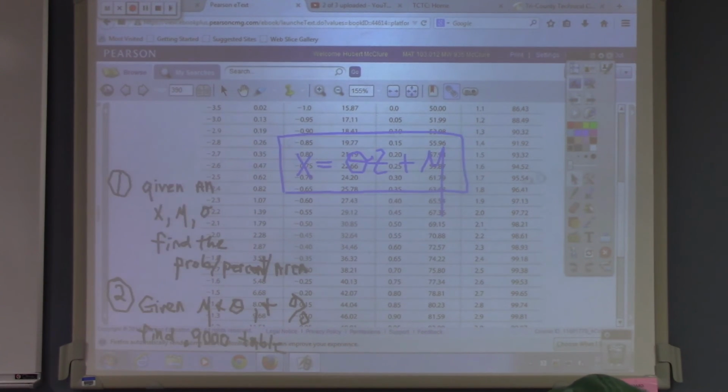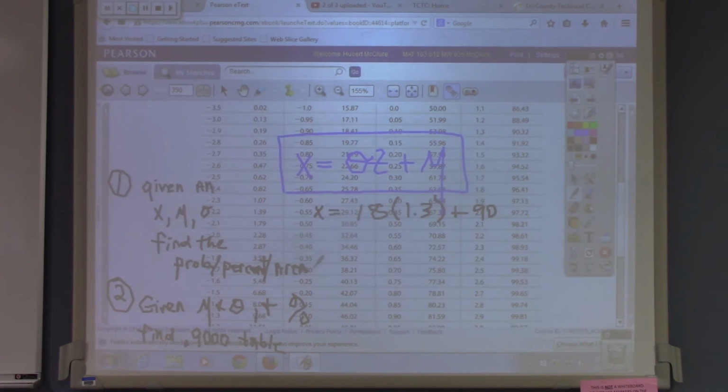Put it in your equation. Plug and chug. So X is equal to, what's our sigma, the standard deviation in the original equation? 18. So 18 times 1.3 plus, what was the mean? 90. Somebody crank that out for me.